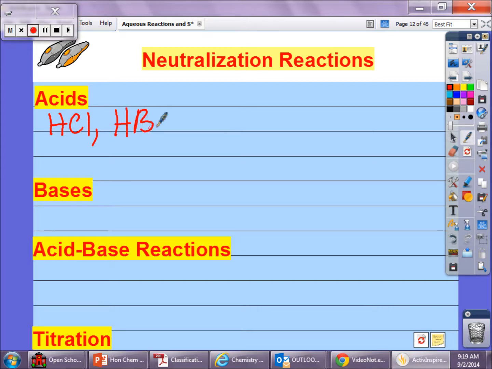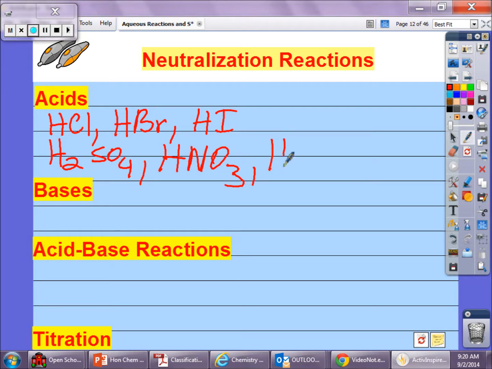Look at the periodic table, it is HI, and then we have H2SO4, HNO3, and then HClO3 and HClO4. Those are strong acids. They will ionize completely, therefore they are strong electrolytes.